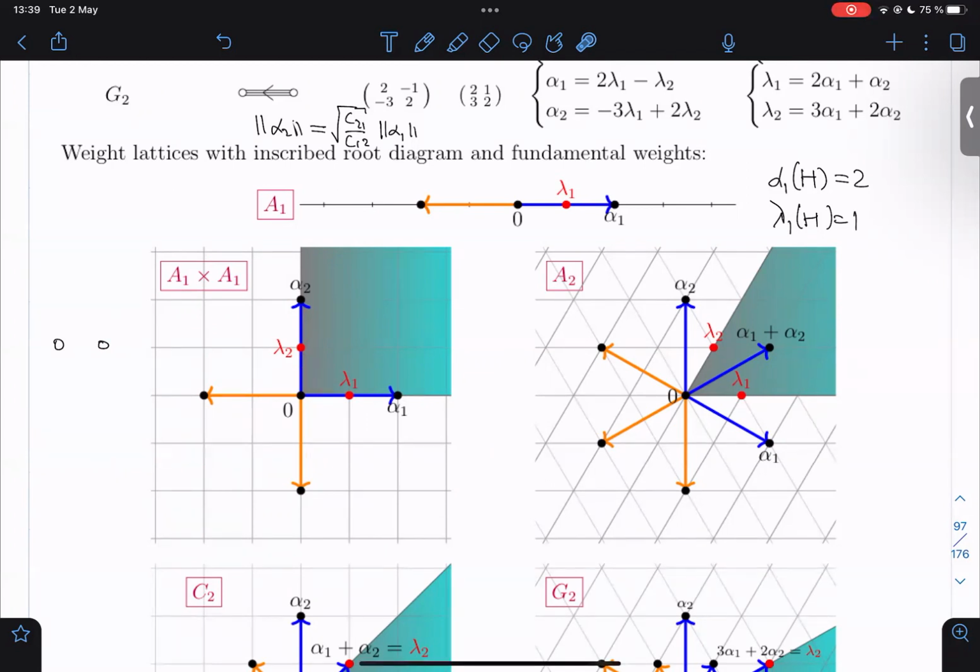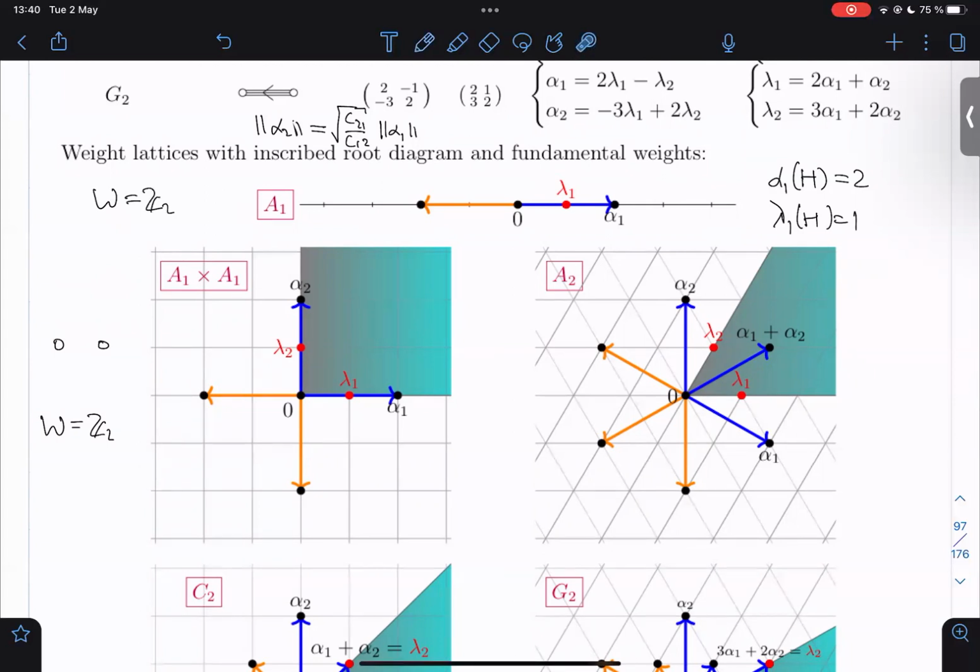The region between this lambda 1 direction and this lambda 2 direction is the fundamental Weyl chamber in this case. There are, in this case, 4 chambers, and the corresponding Weyl group is of size 4. It acts simply transitively on the Weyl chambers. For SL2, the Weyl group is just Z2. What is that?